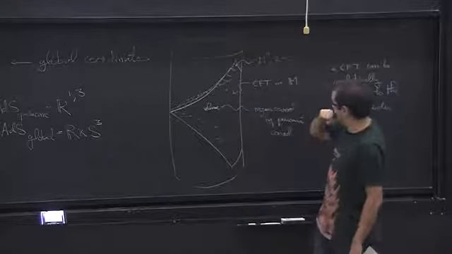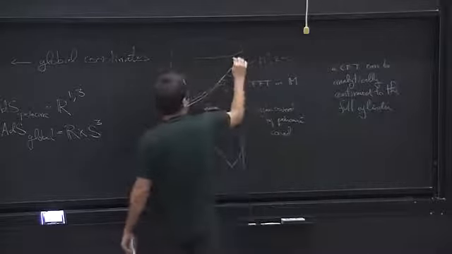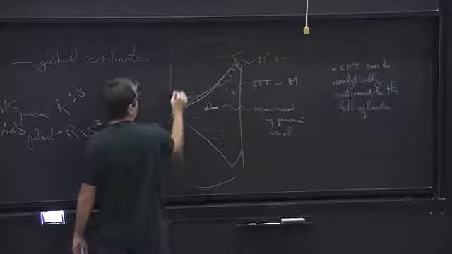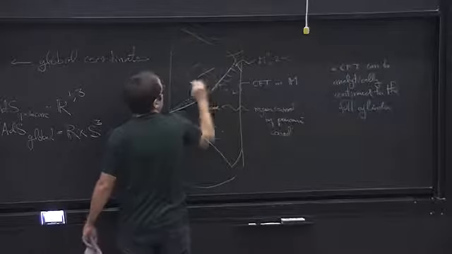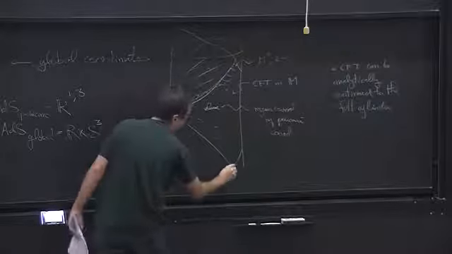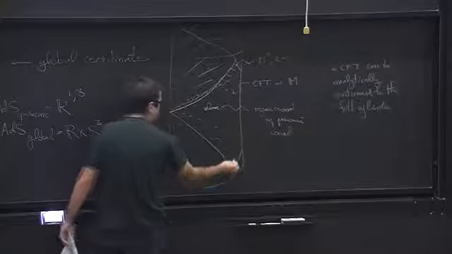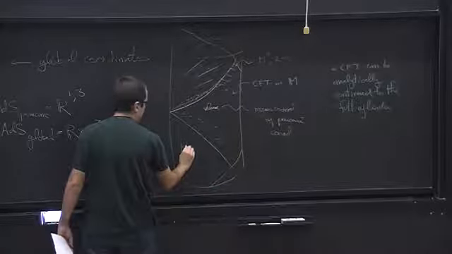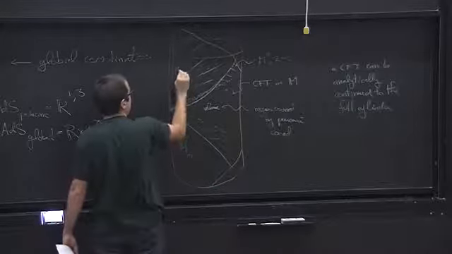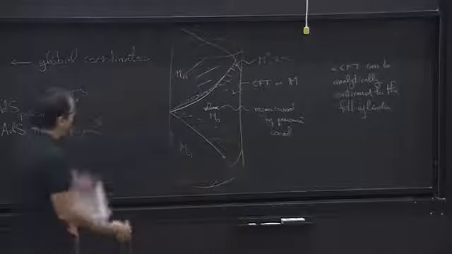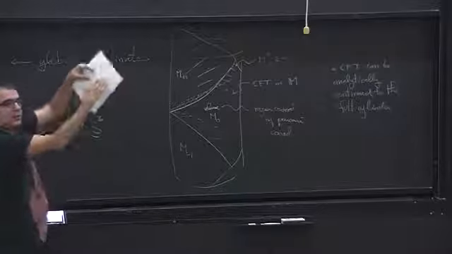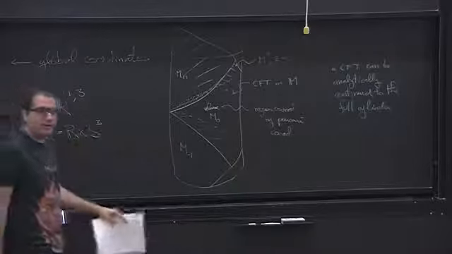And how do you do it? You do it by putting more napkins, right? You just put a next napkin here on top of this one. That would go here. This would be another Minkowski space. You put another napkin here that goes around here. So this would be Minkowski minus 1. This would be Minkowski plus 1. And this would be Minkowski 0. And then you put another napkin, and you just start wrapping it with napkins around.